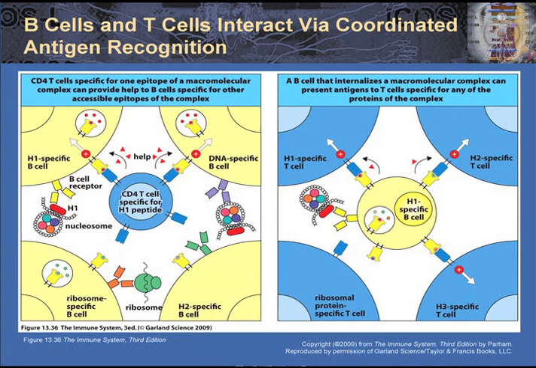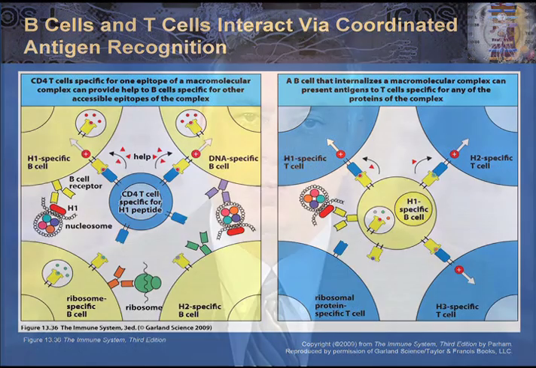In the upper right-hand, we'll actually see an example of a B cell that has a receptor for DNA. It can take up this same complex that has DNA and histones, and as a result will process and present the components of this nucleosome after digestion in the endosome with the same MHC presentation of H1 resulting.